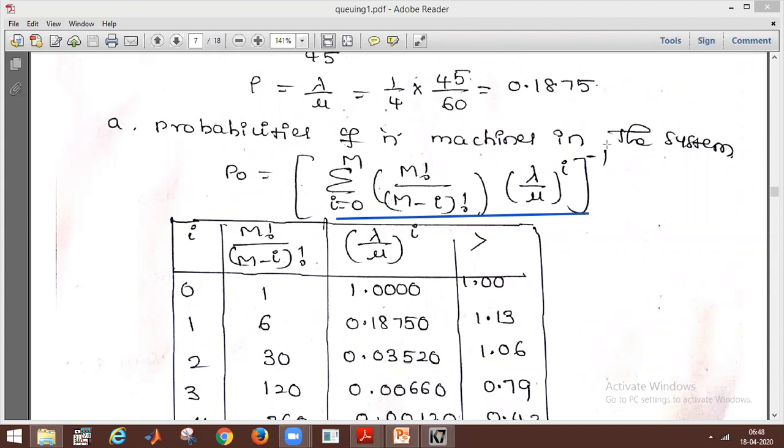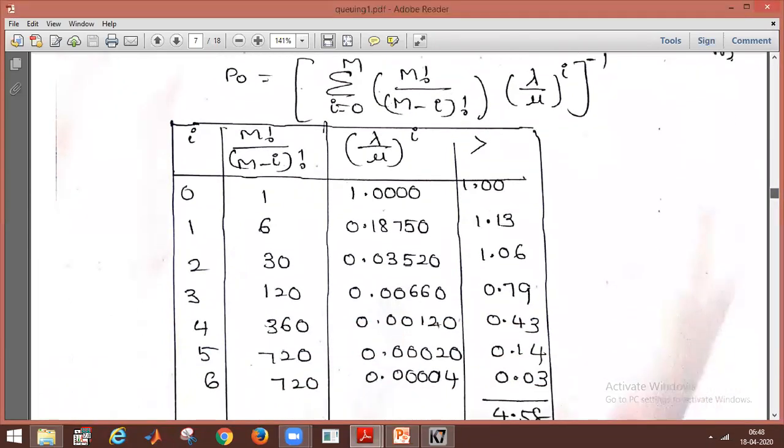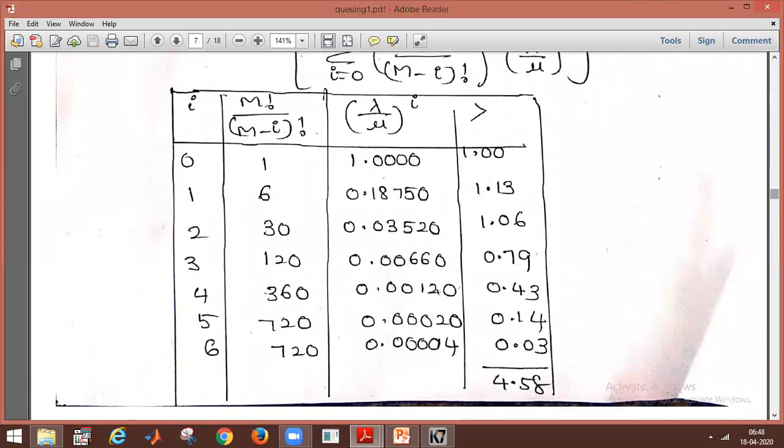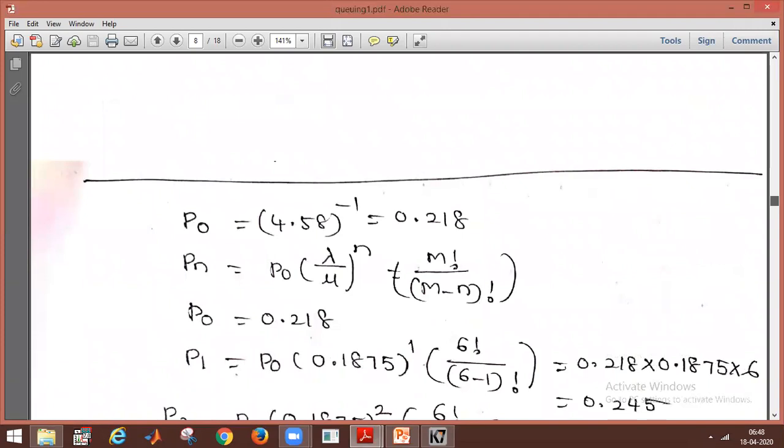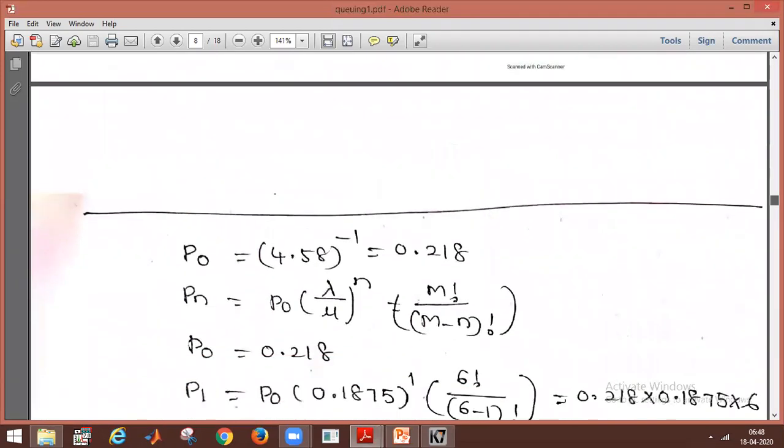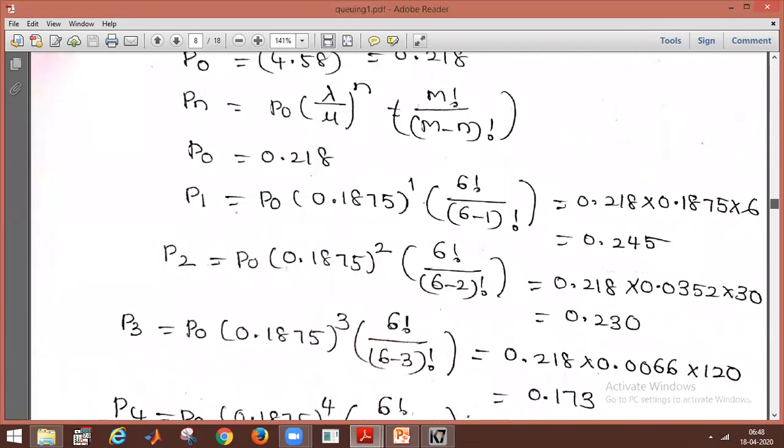Here with 6 machines, I goes from 0 to 6, so m is 6. Lambda by mu is calculated, and the multiple of these two values gives this. The total is 4.58, whole inverse, and we will get the P naught value.